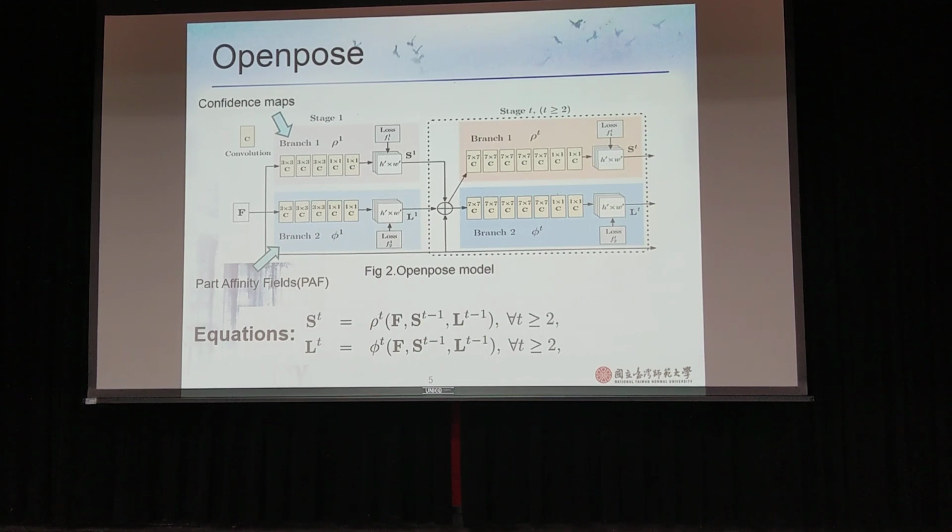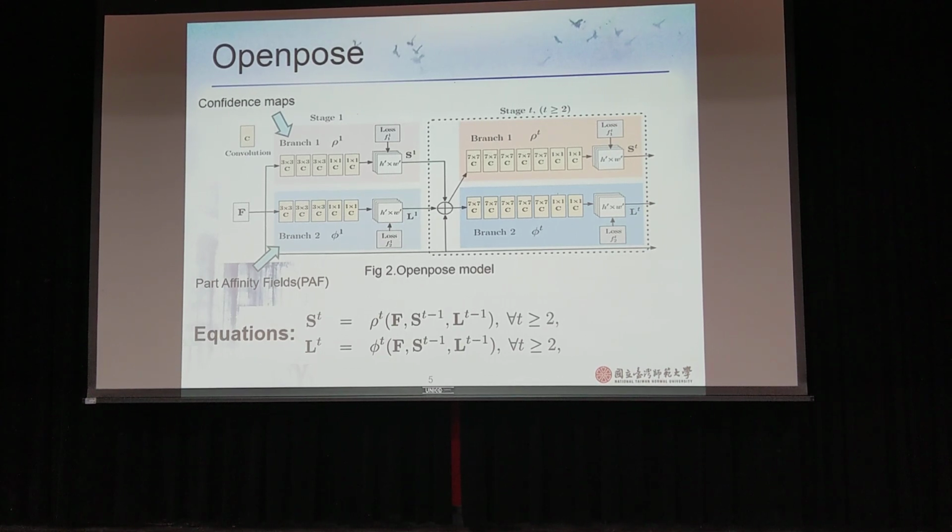The above two branches can respectively be expressed by the following two equations, S^t and L^t, where S^t represents the confidence map predicted for each key point in the t stage, and rho denotes the CNN architecture of the t stage. It is worth noting that the architecture of the first stage differs slightly from the subsequent stages.